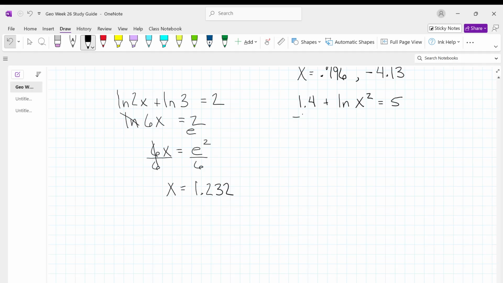Let's subtract 1.4 from each side. On the left-hand side, we get the natural log of x squared equals 5 minus 1.4, which is 3.6.